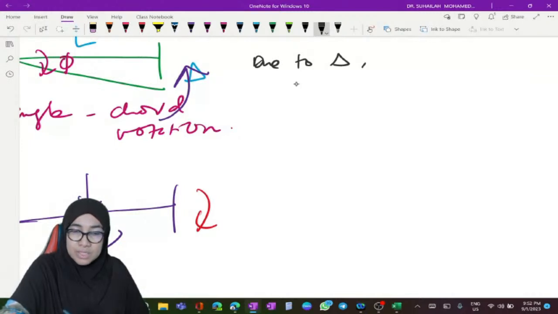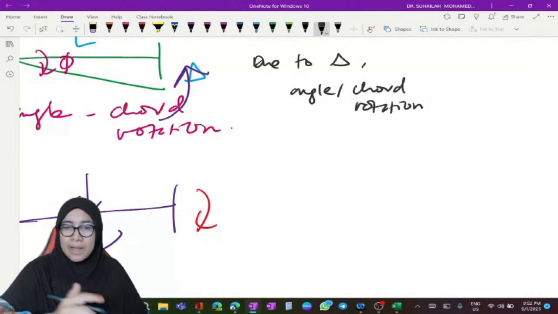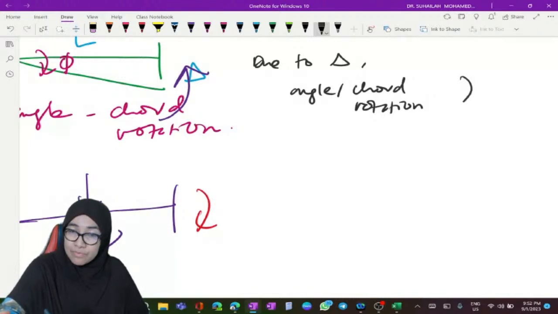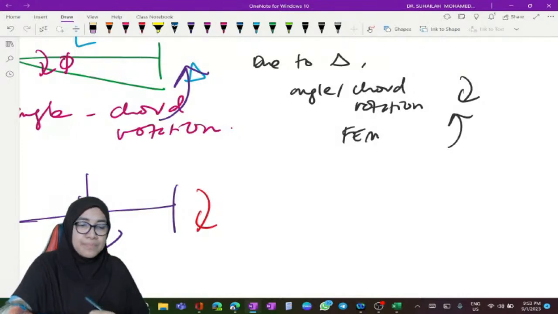What we can conclude is, between the angle or chord rotation and the FEM: when the angle is positive, FEM will be negative. It is opposite.